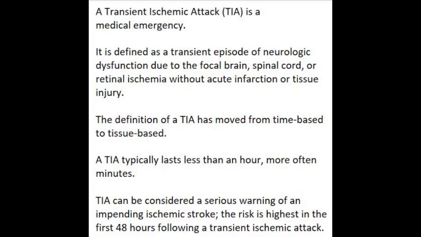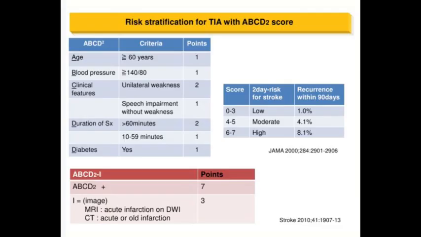So you need to be able to predict whether or not this patient is at high risk for getting a stroke when the patient has a TIA, and thankfully we have a scoring system that helps with this prediction called the ABCD2 scoring system. The ABCD2 is an acronym for age, blood pressure, clinical symptoms, diabetes, and duration of symptoms.